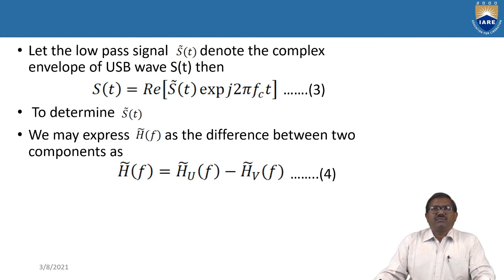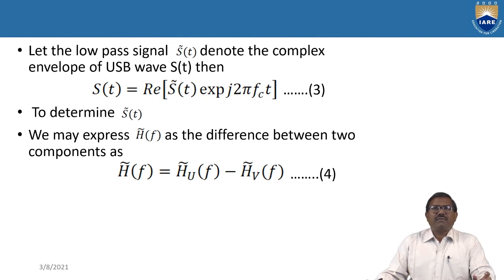Now let the low pass signal S tilde of t denote the complex envelope of the USB signal s(t). So we are taking the real part, s(t) is equal to the real part of S tilde of t exp(j 2 pi fc t). Here we are going to determine the complex envelope of USB.